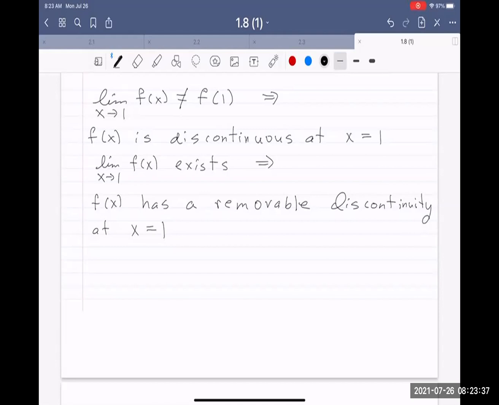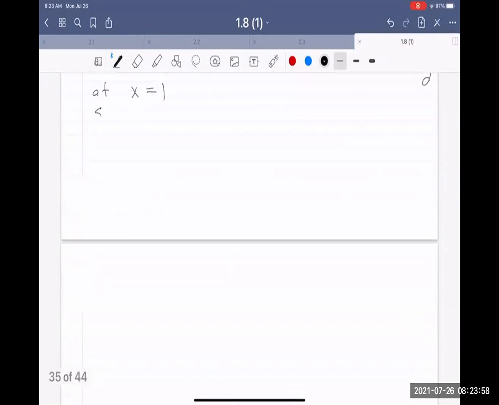Oh, I guess we also want to graph this function. So let me actually simplify this function first before I actually graph it. So let's simplify f of x.